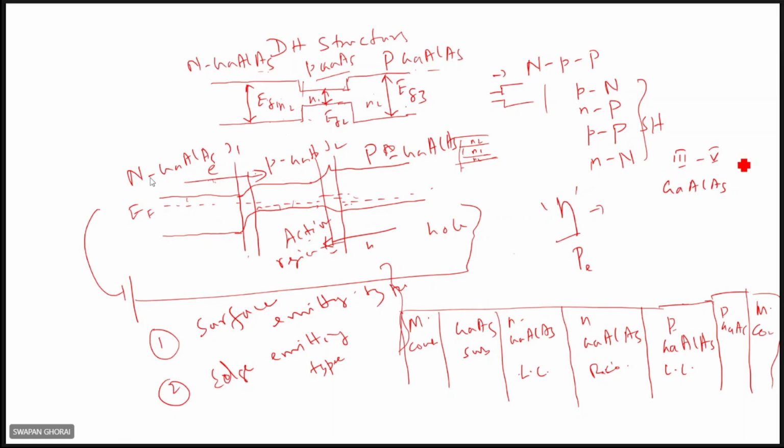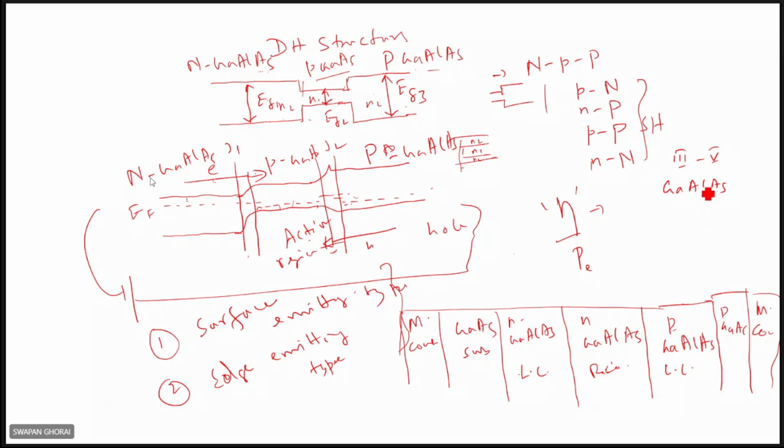And if you consider, say, zinc-like elements, or selenium from group 6, then excess electrons will be there, and it will be N type. So if you replace these elements by group 6 sites, it will be N type, and if it is from group 2 sites, then it will be P type.